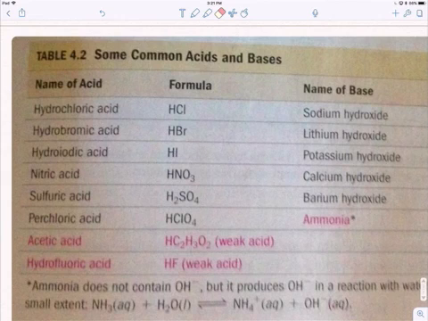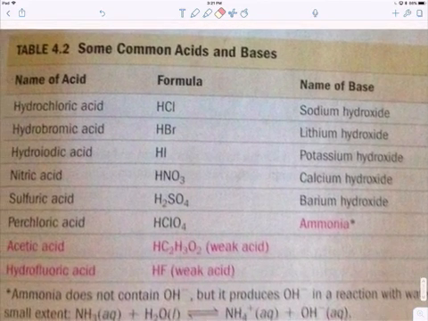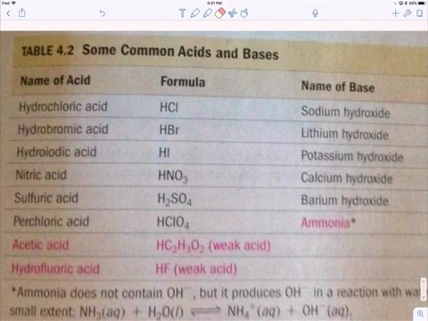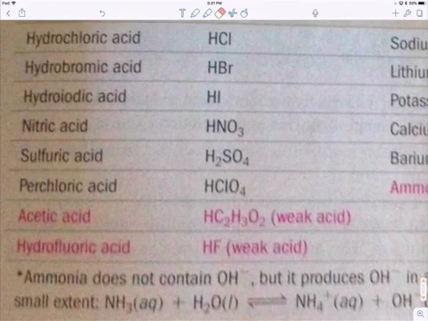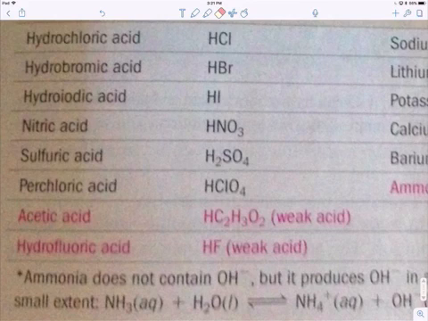Acetic acid, that's what's in vinegar, so the red one down there. Hydrofluoric acid. Now this stuff scares me. If you get hydrofluoric acid on your skin, it's a surface anesthetic, which means you can't feel it. And hydrofluoric acid seeks out calcium. I know two people this happened to.